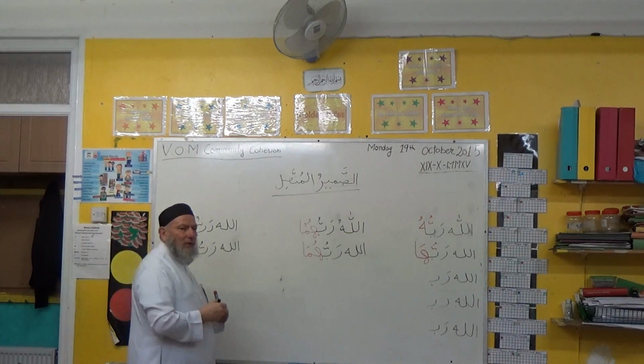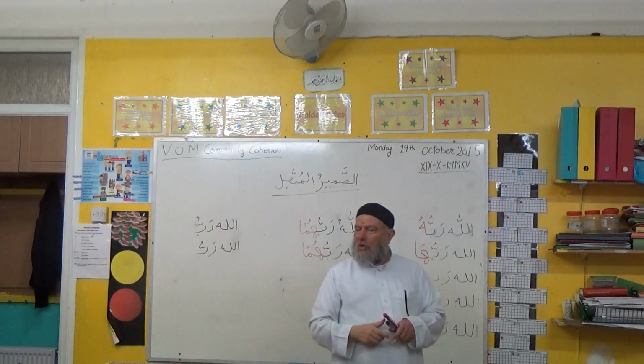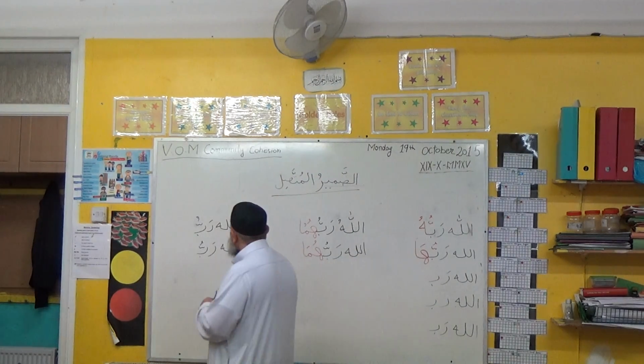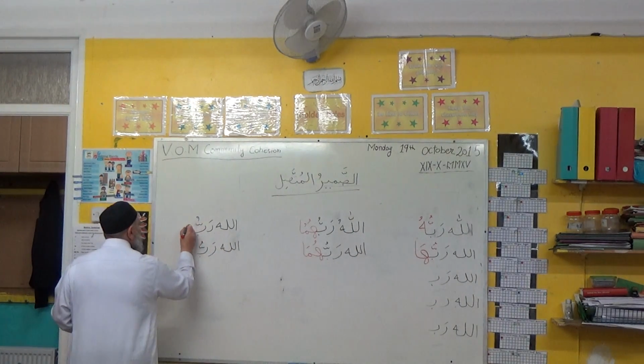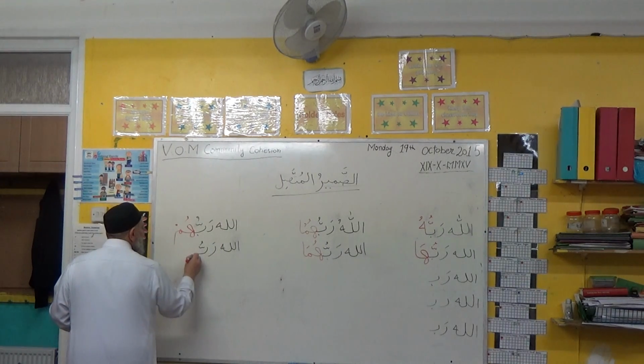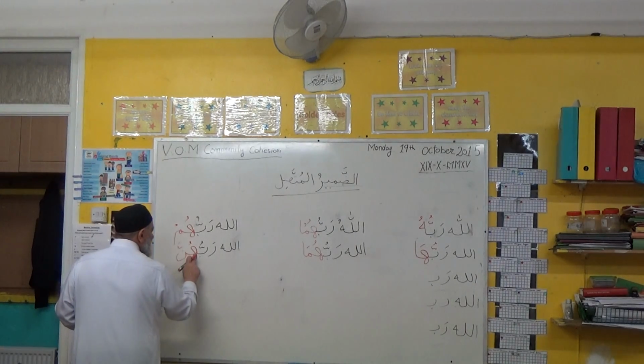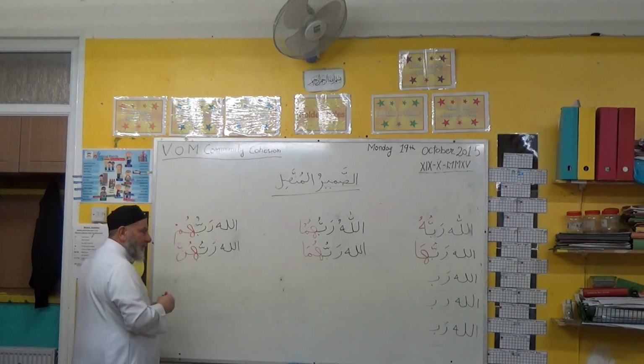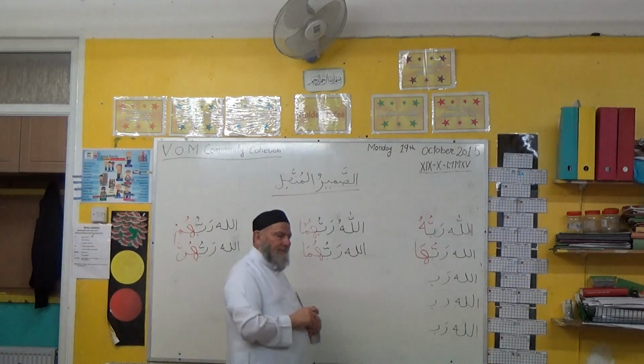What do we use for the plural? Hum. I use the same: Allahu Rabbuhum. And the mu'annath is the same as in the singular, with the first person of he.